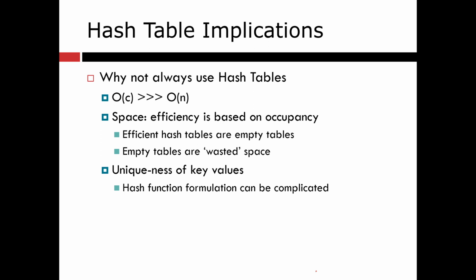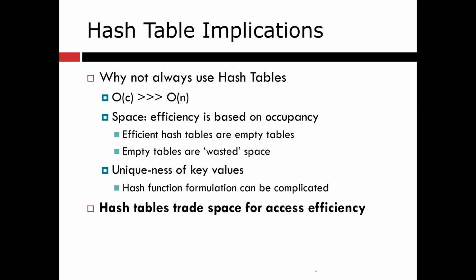So the underlying thing I want you to pull out of this hash table idea is that we are trading space for access efficiency. We are accepting these caveats that are not great, but in return, we're getting extremely good efficiency, again, if used correctly.